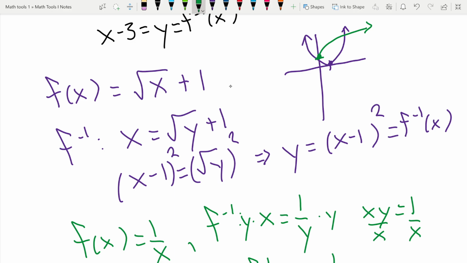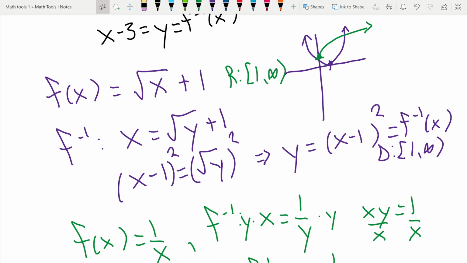The range of this function is 1 to infinity. So the range of f is the domain of f inverse. So the domain of this function is 1 to infinity. So we didn't do anything improper, but we need to specify that because the inverse doesn't exist on the entire domain. It only exists on this limited domain.